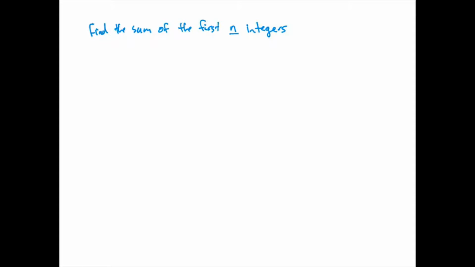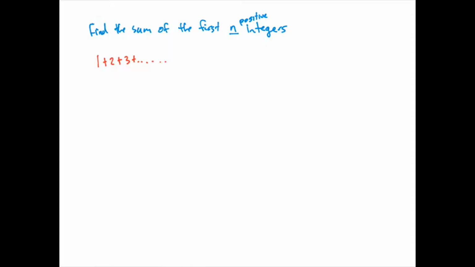All right, so now let's make it a little bit more general. We want to find the sum of the first n positive integers. So the first positive integer is 1, plus 2, plus 3, plus... Now we don't know how far up we're going to go. We're going to go up to whatever our n value is.